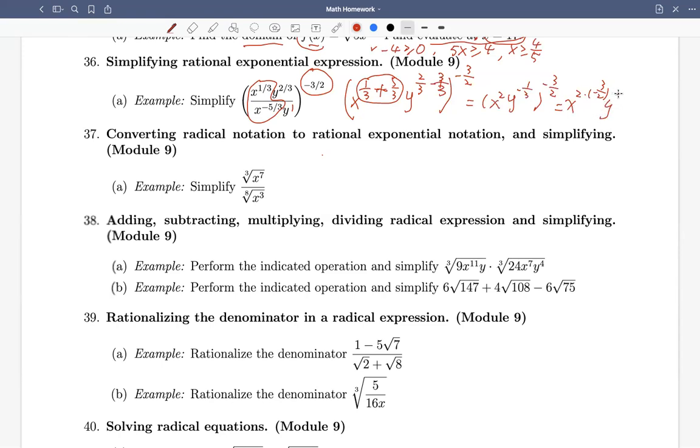And the y raised to -1/3 times -3/2. Well, 2 times -3/2 is -3, right? Because these two cancel the 2 in the denominator, and positive times negative is still negative. So we have x raised to -3.